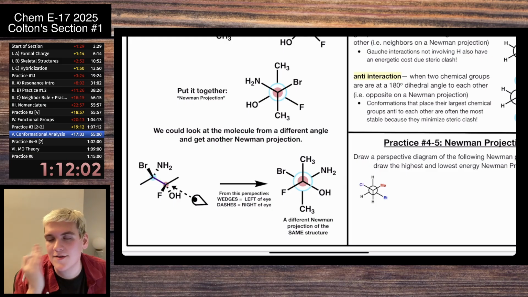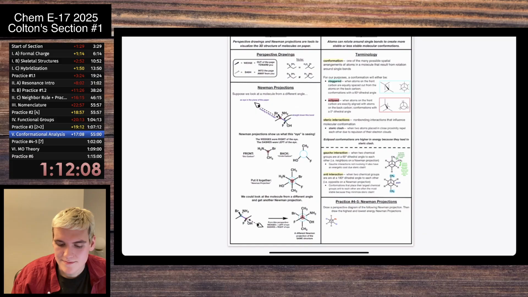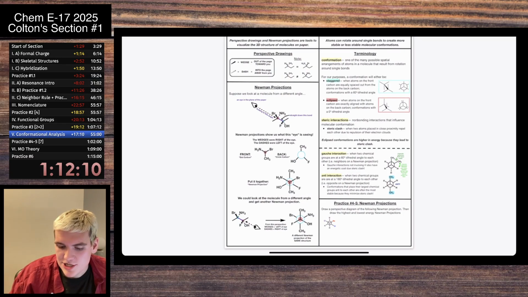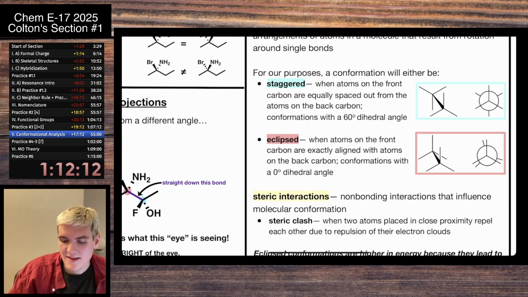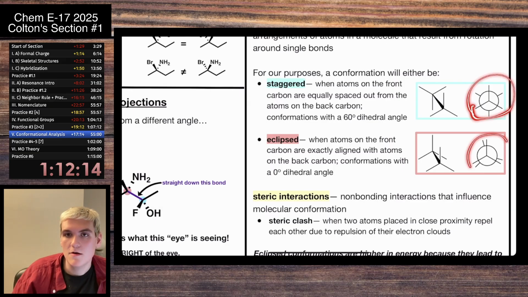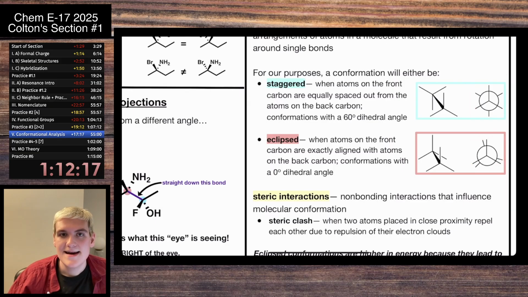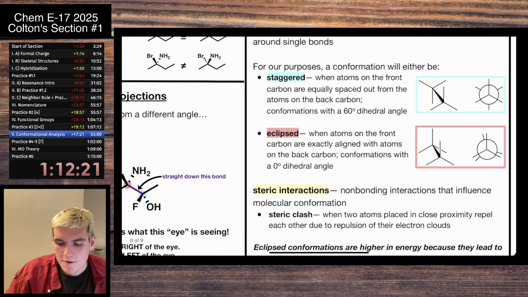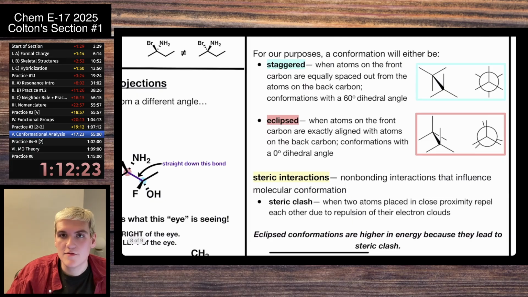And I think Serenia also talked about this, she said, bring your models to class on Thursday if you have them. There's just some terminology here. So we call the specific way the molecule is sitting when we draw one of these a conformation. And it's just one of the 3D arrangements of the molecule. And we can have two fundamental types of conformation.